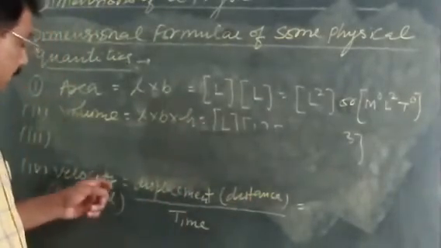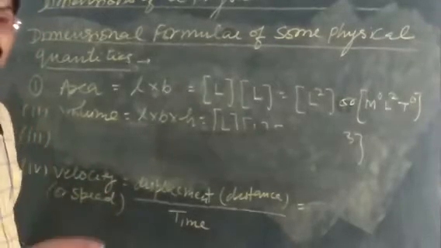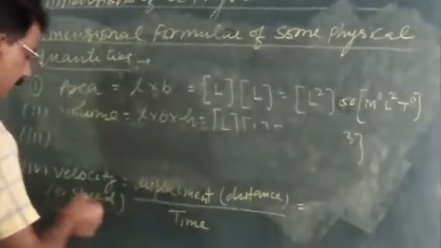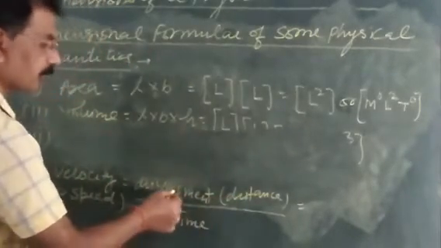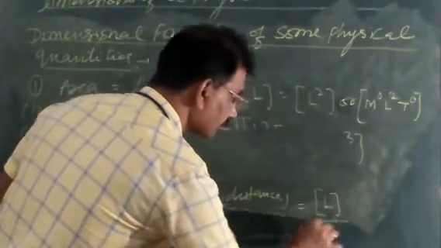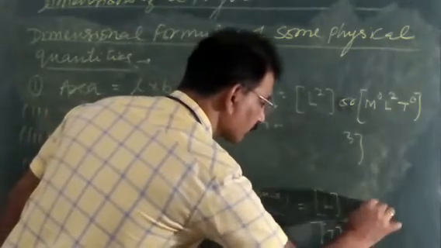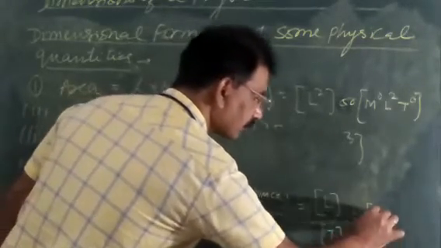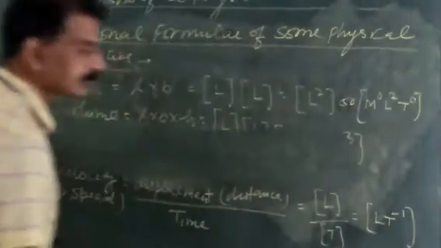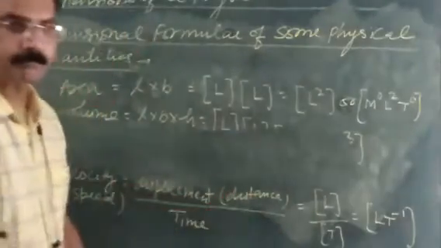So when you write the dimension for either velocity or speed, the dimension formula becomes the same. So you will write L upon T. And when you transfer T to the numerator, you will write L T to the power minus 1. So this is the dimension of either velocity or speed.